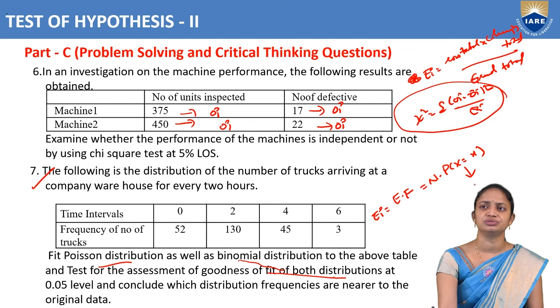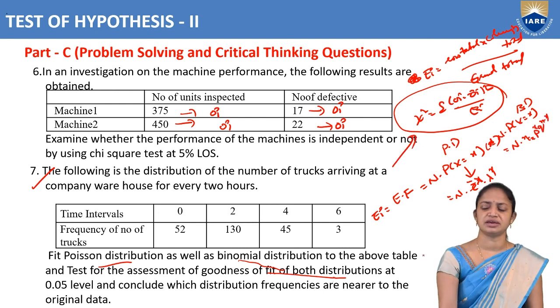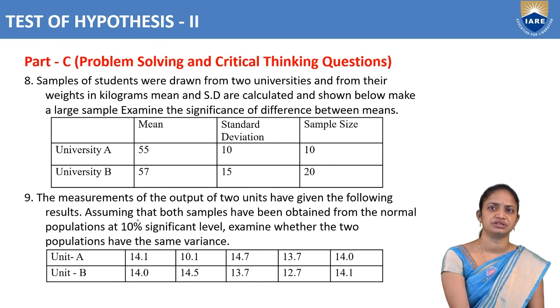So here you have to use the Poisson distribution formula or the binomial distribution formula. For Poisson distribution, this will be n into e power minus lambda, lambda power x by x factorial. For binomial distribution, this is n into nCx p power x q power n minus x. But the chi-square formula is the same.